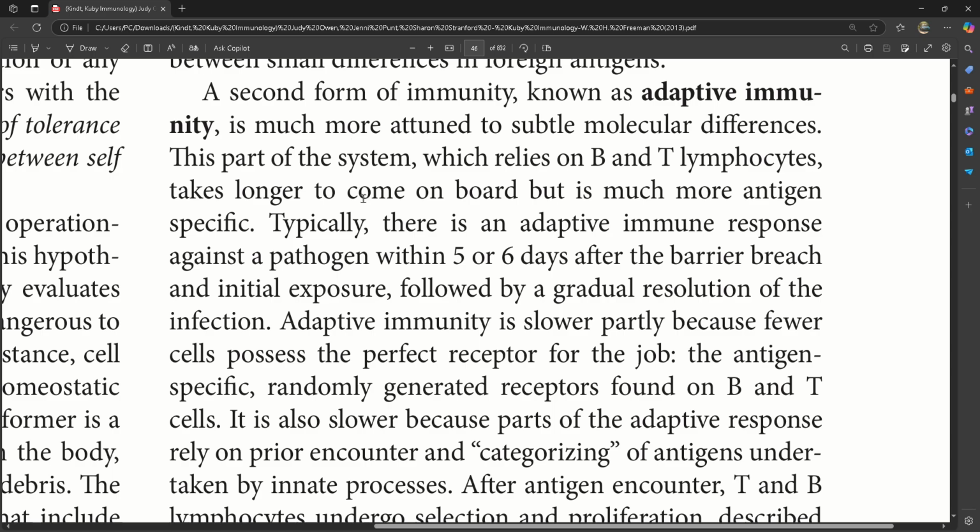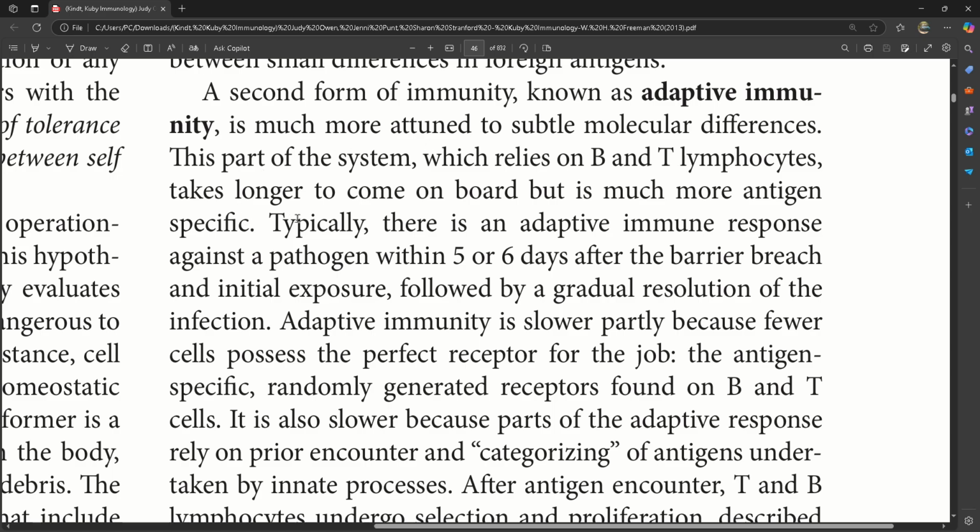This part of the system relies on B and T lymphocytes. So the cells which are taking part and playing an important role in adaptive immunity are the B lymphocytes and T lymphocytes. And T lymphocytes are of two types: T helper lymphocytes and T cytotoxic lymphocytes.